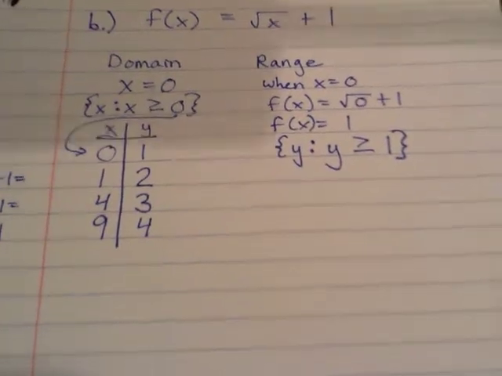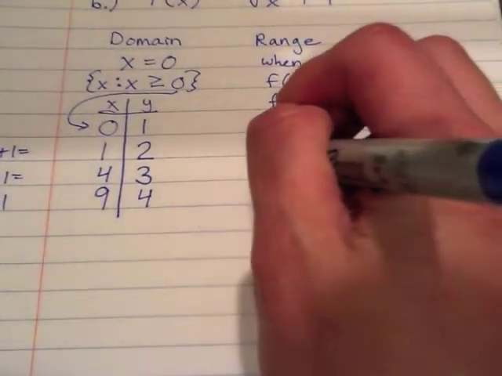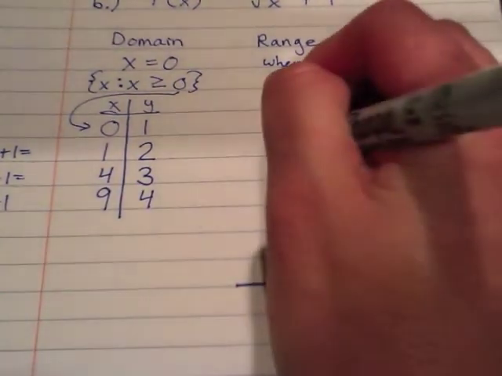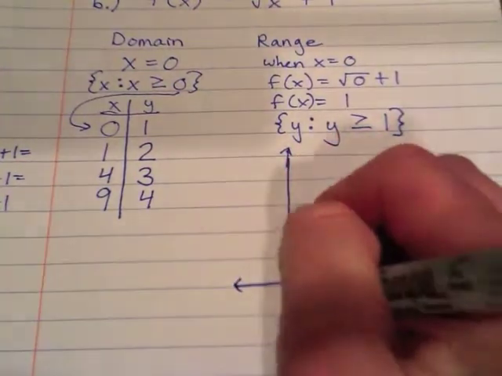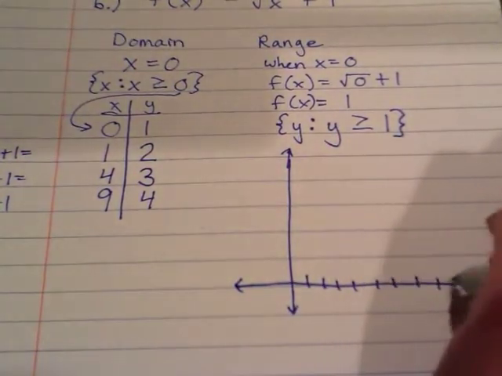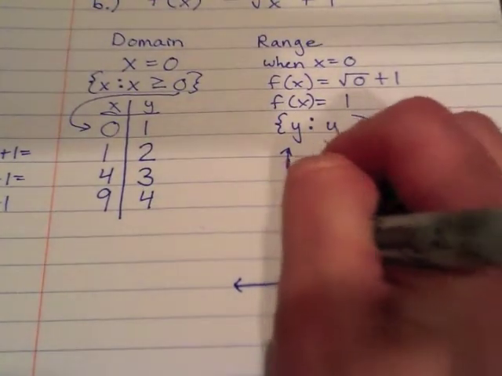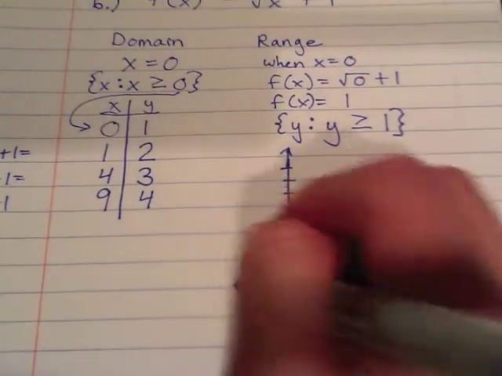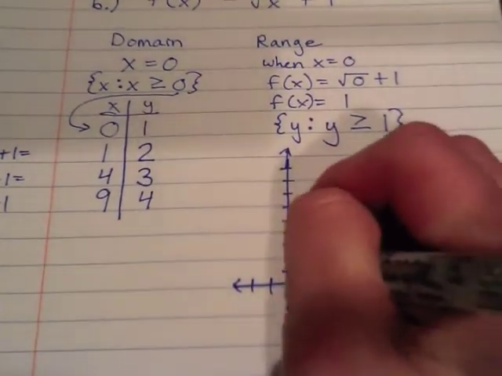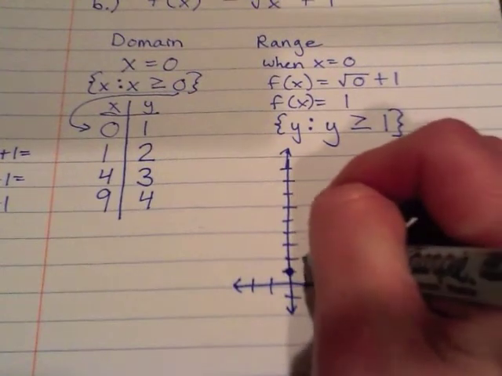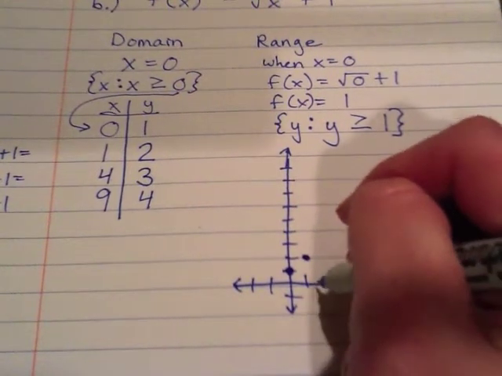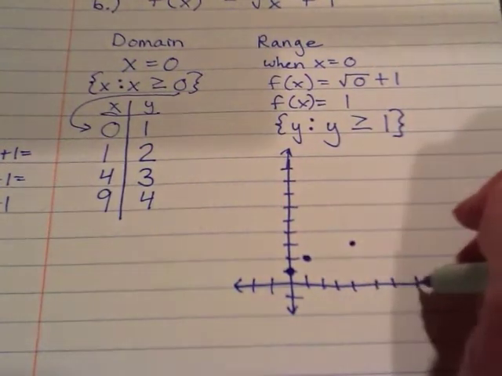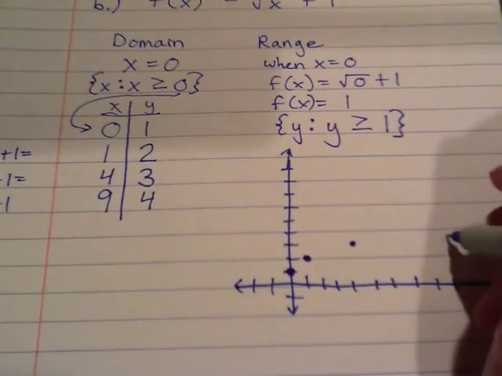So now set up your graph. So we have (0, 1), (1, 2), (4, 3), and (9, 4).